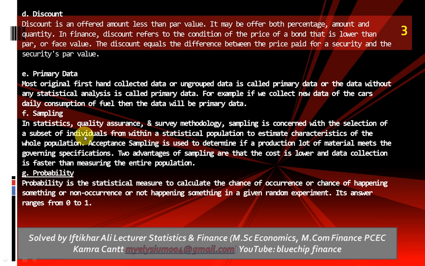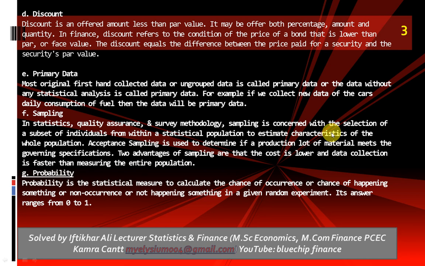The next term is sampling. In statistics, quality assurance and survey methodology, sampling is concerned with the selection of a subset of individuals from within a statistical population to estimate characteristics of the whole population.